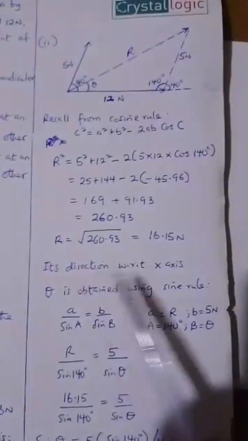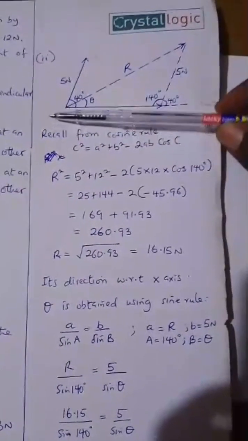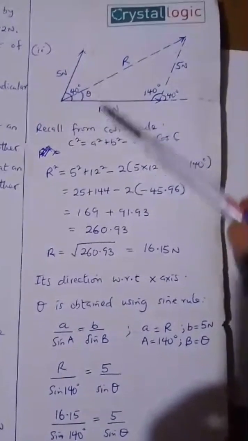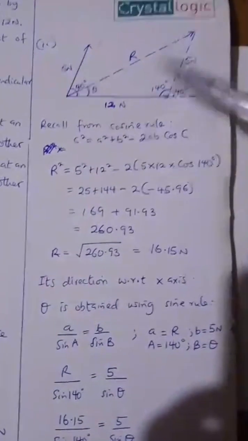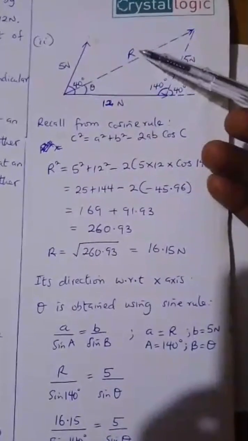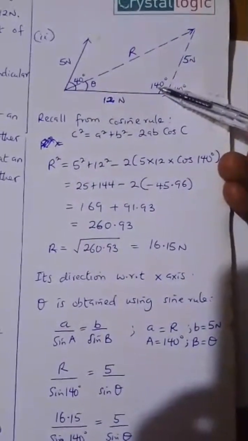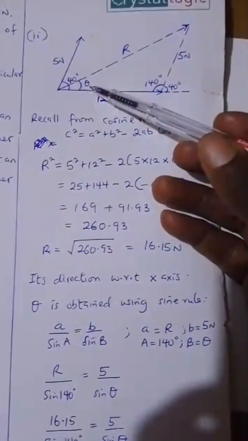Now, how about the direction of r with respect to the x-axis, this smaller angle theta? We can use our knowledge of the sine rule. r over sine 140 degrees is equal to 5 Newton over sine theta.